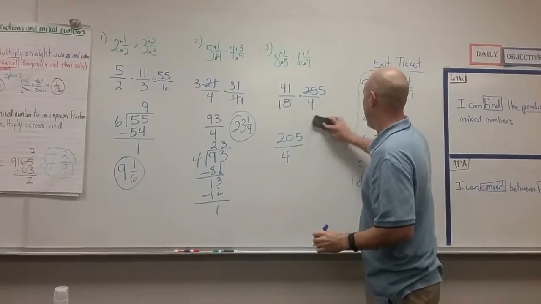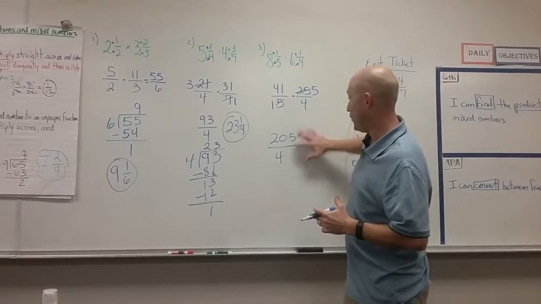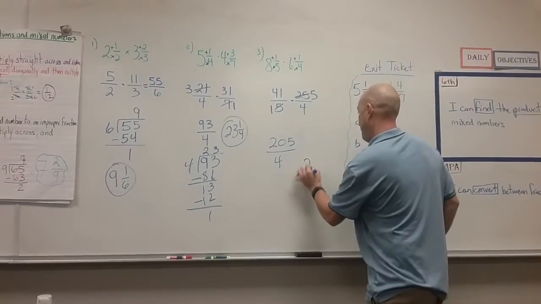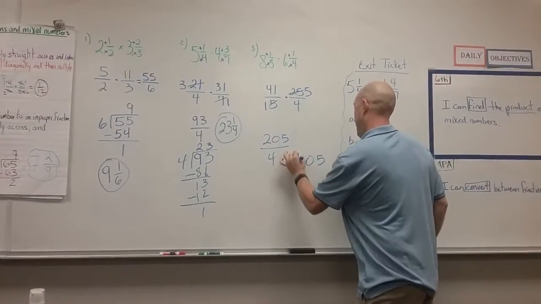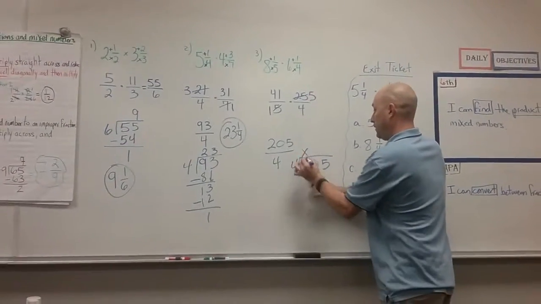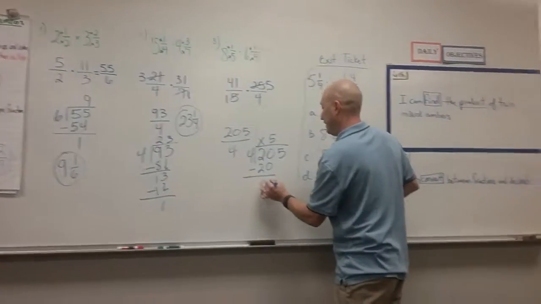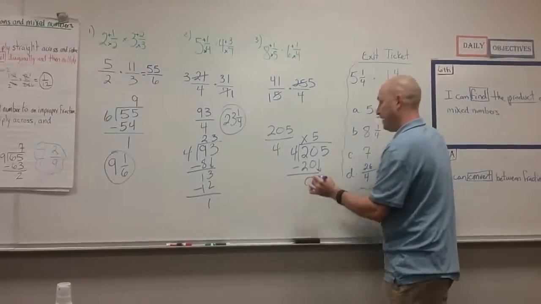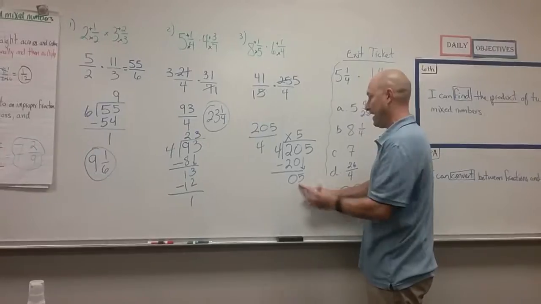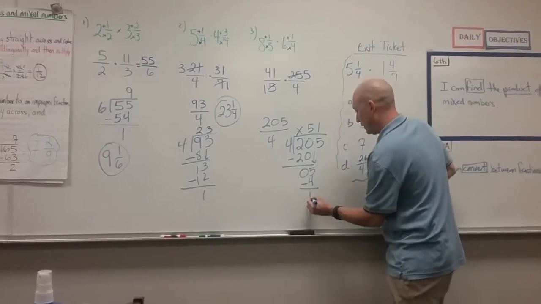Now I'm down to my last step where I simplify. I've got to divide 205 divided by 4. 4 cannot go into 2, but it goes into 20 exactly 5 times with nothing left over. And I bring down my 5. 4 goes into 5 1 time with 1 left over.